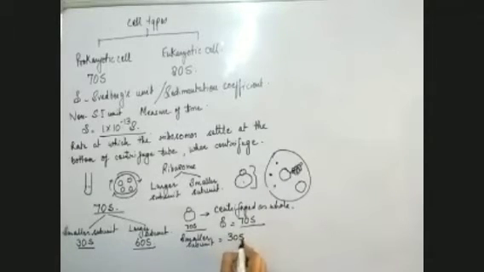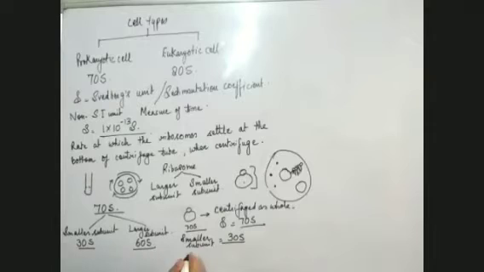That means the smaller subunit, when centrifuged, settles down at 30S. And the larger subunit in a prokaryotic cell is 50S type. That means this settles in the centrifuge machine at this rate.